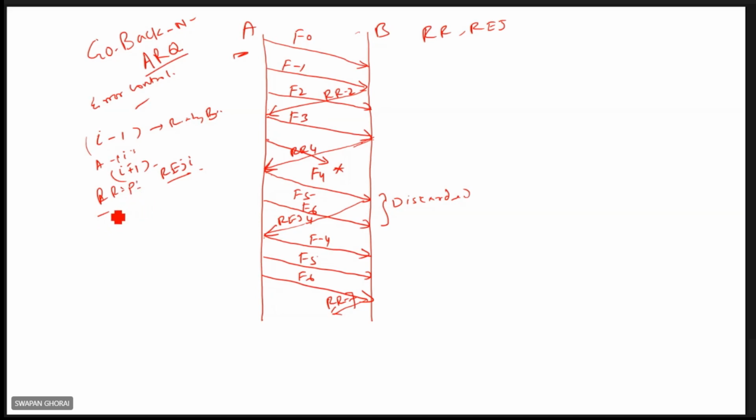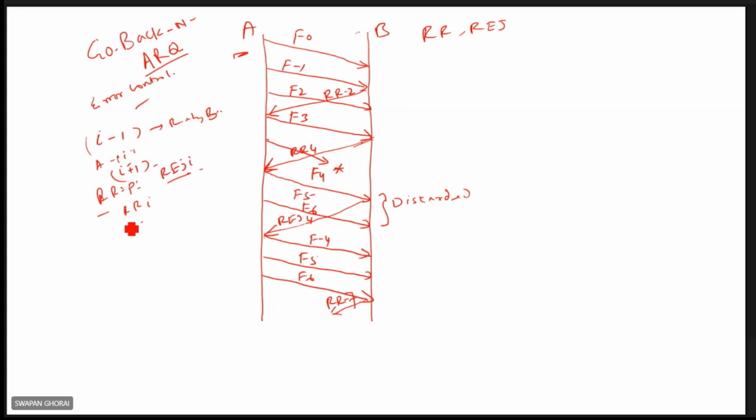B will treat this message as a command, and it must be responded to and acknowledged. So after getting this command, RR with P bit equal to 1, B will send the acknowledgement it wants to receive, say RR i.